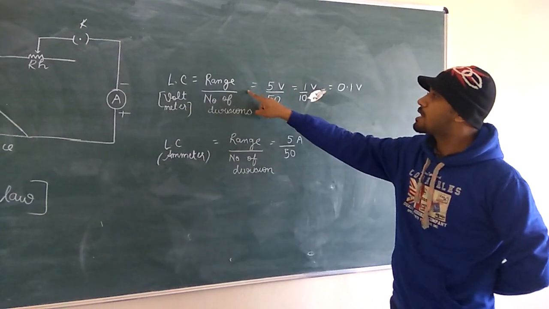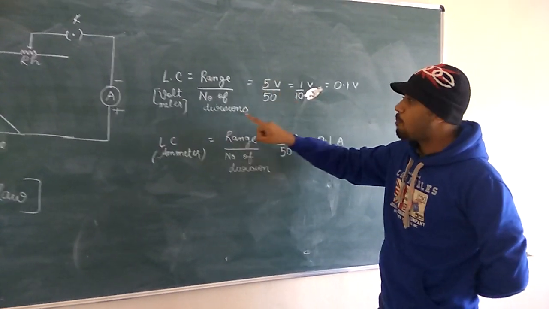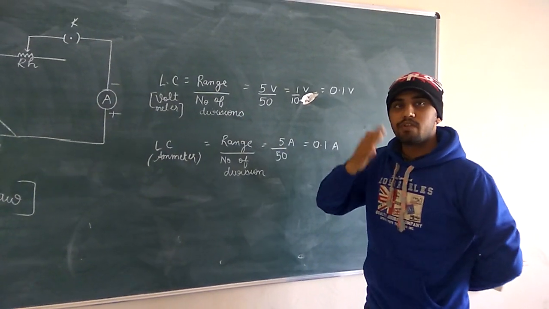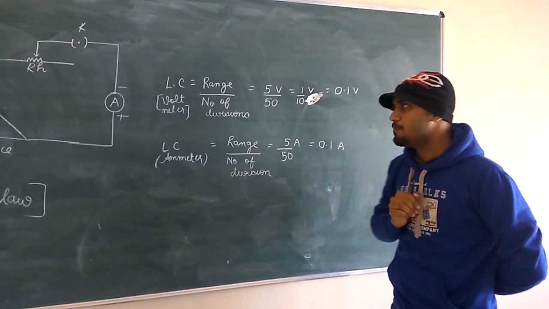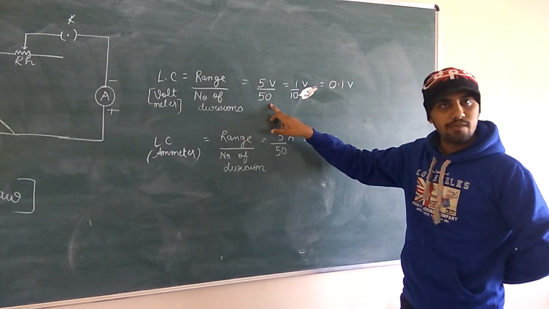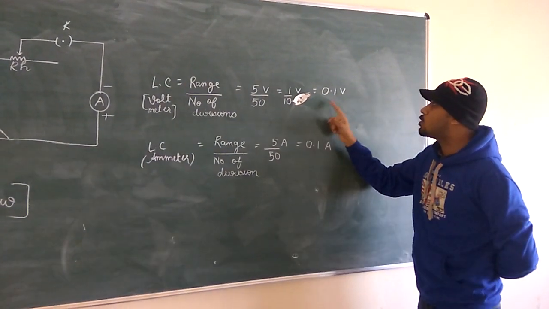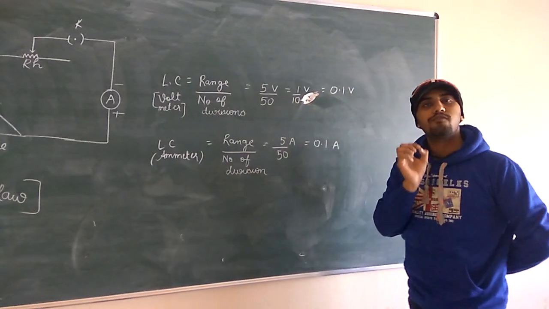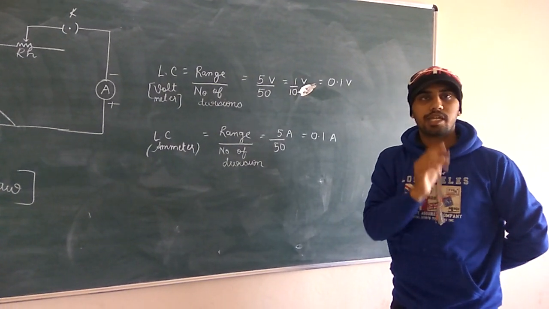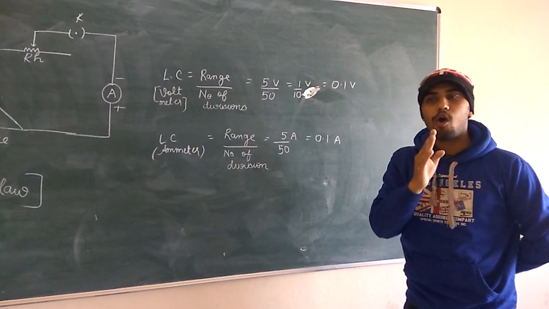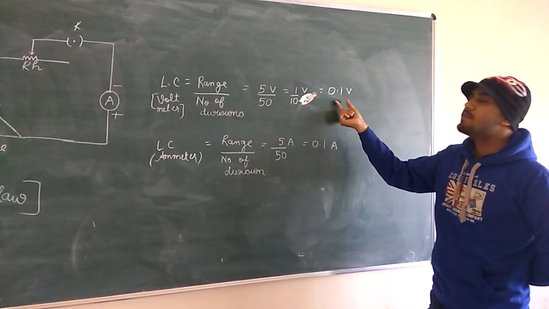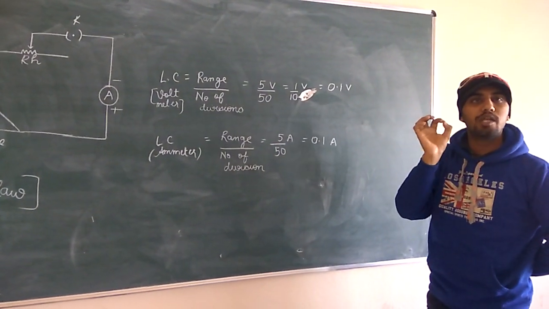So we have taken 5 volt as the range upon the number of divisions. The voltmeter has 50 divisions, so the least count of the voltmeter is 0.1 volt. 0.1 volt means each interval of the voltmeter has the value of 0.1 volt.